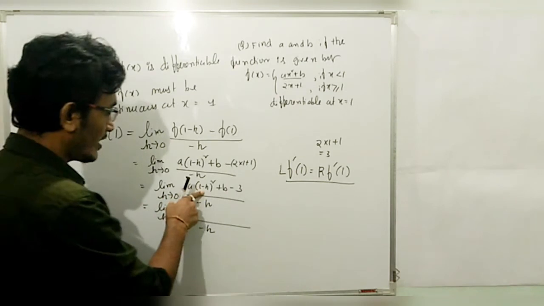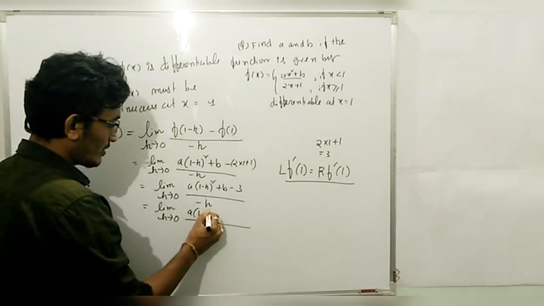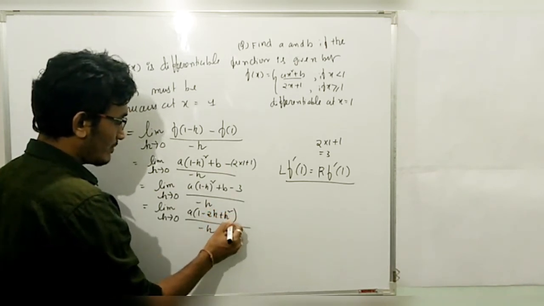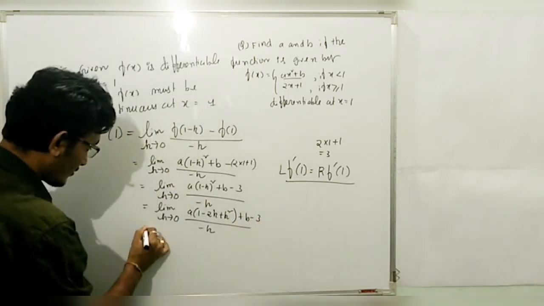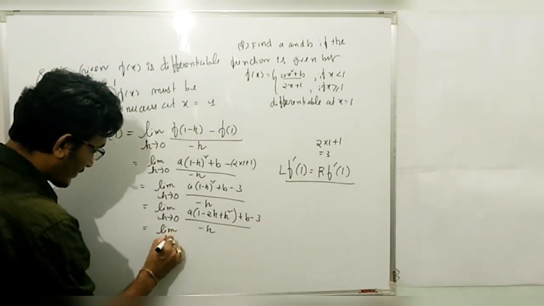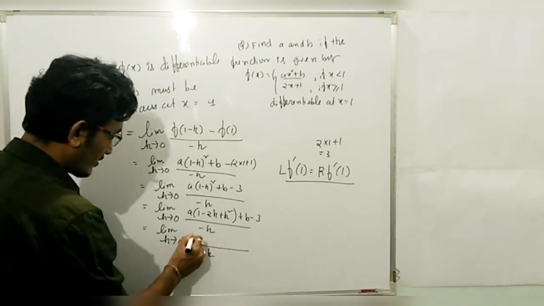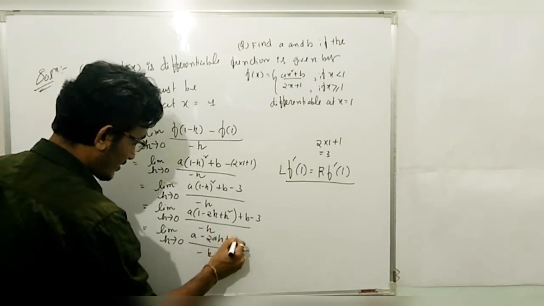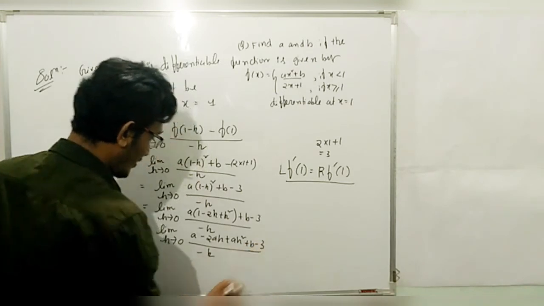Here we can use the identity (a minus b) whole square, so it's 1 minus 2h plus h square, using the identity (a minus b) whole square, plus b minus 3. So from here, limit h tends to 0 minus h, a minus 2ah plus ah square plus b minus 3.